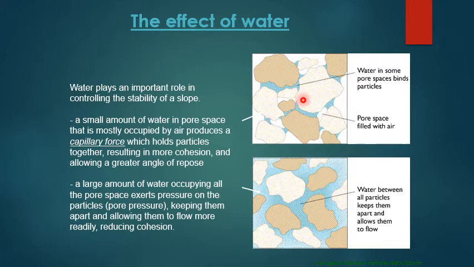This is true in the case of the previous diagram showing the steep angle of the moist sand. In the extreme case, a large amount of water occupying all pore spaces exerts pressure on the particles. We call it pore pressure, which tends to keep the particles apart and allows them to flow more readily. The cohesion is reduced in this case.